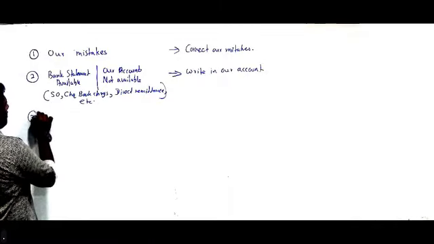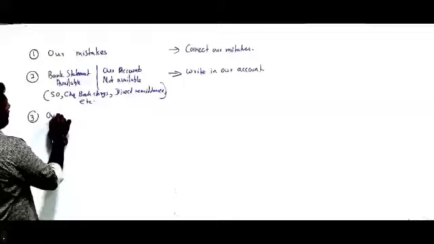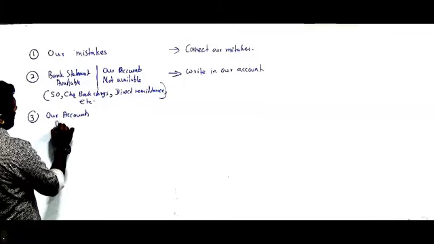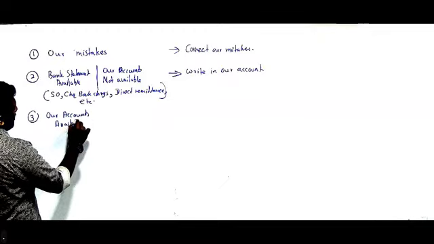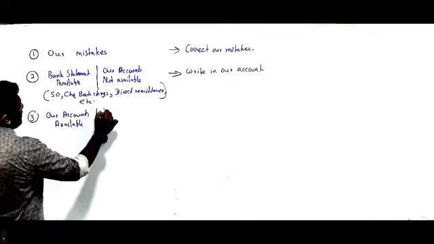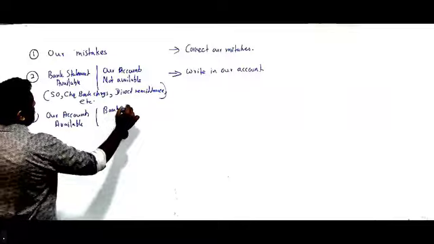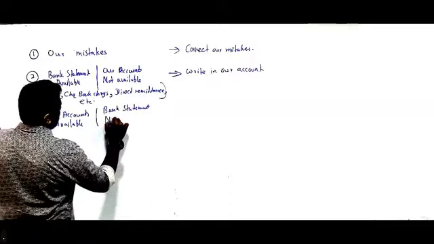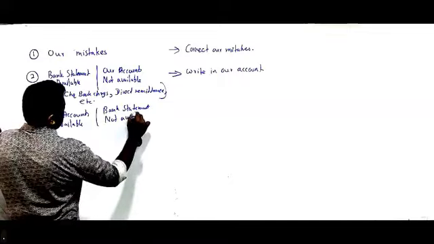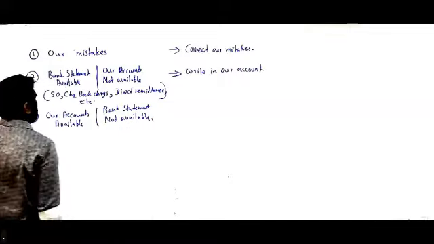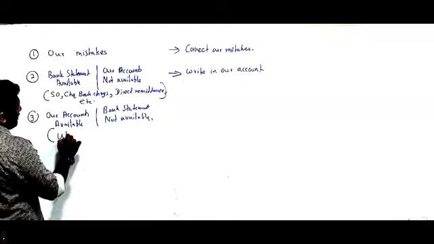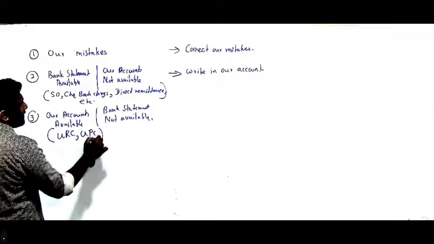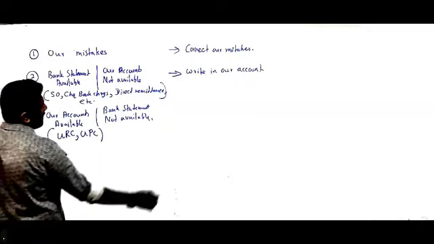Then the third one: available in our accounts, not available in the bank statement. What are these? Unrealized checks, unpresented checks, temporary differences, timing differences.